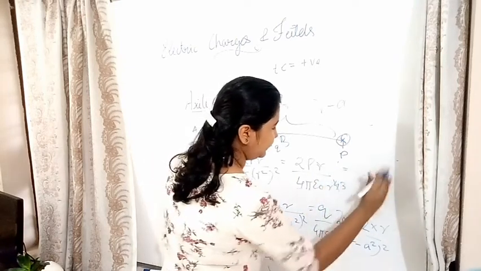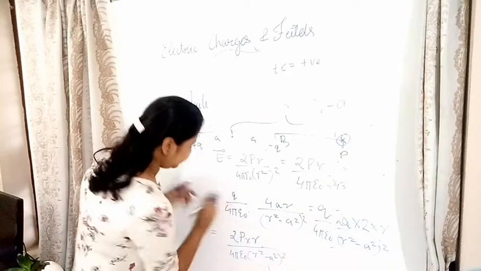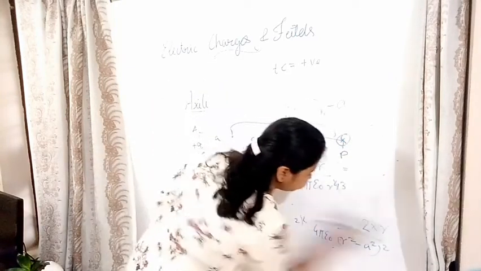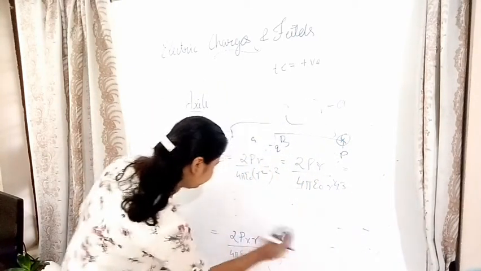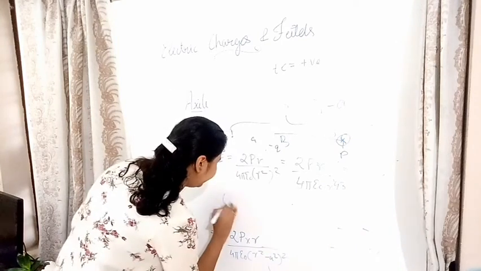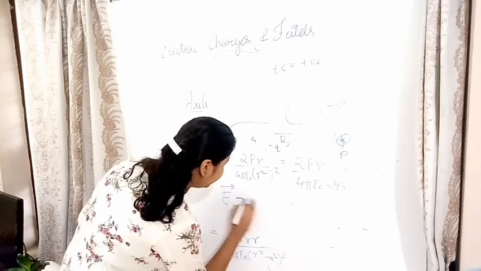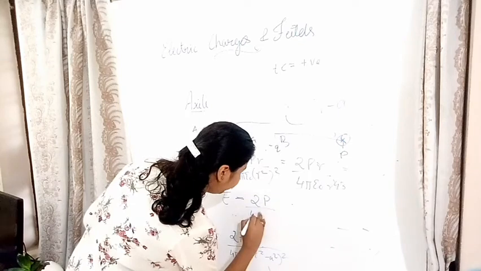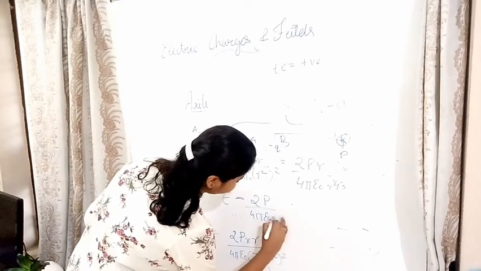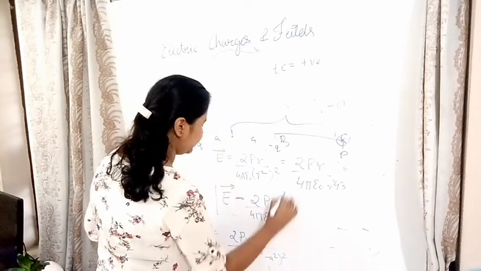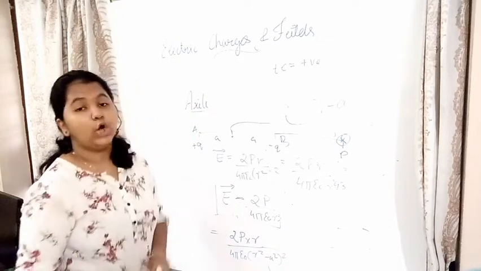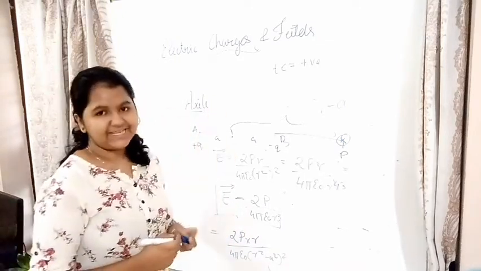So the electric field intensity is equal to 2P by 4 pi epsilon 0 into r cube. So this is the electric field intensity of a short dipole at the axial point.